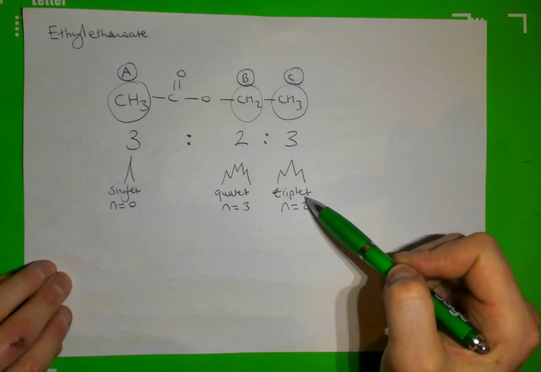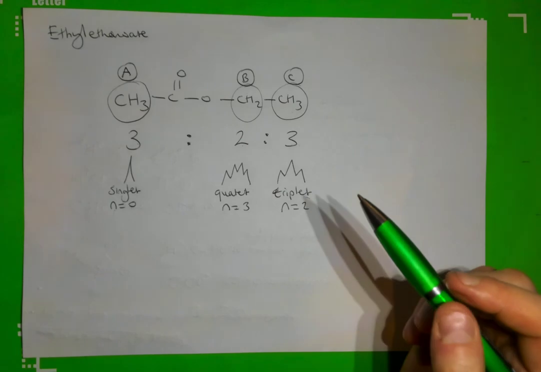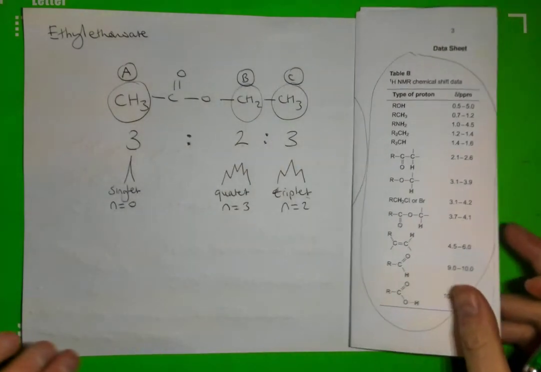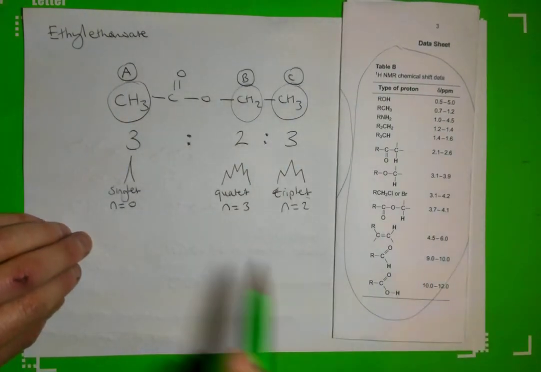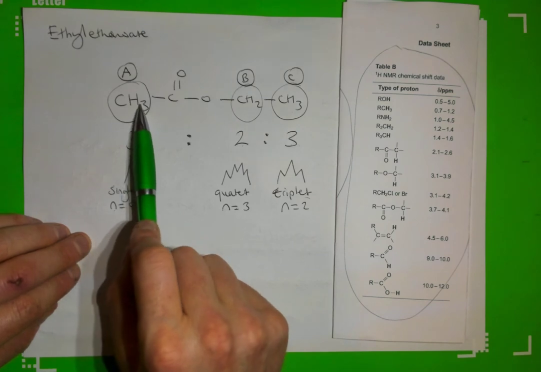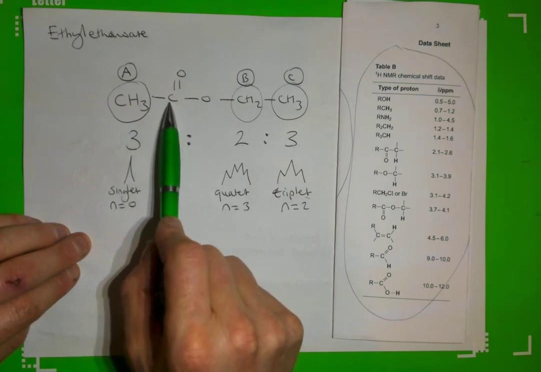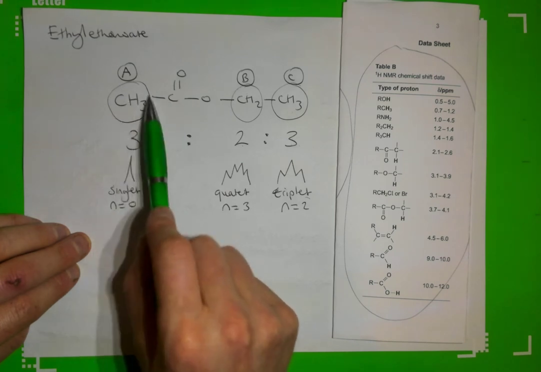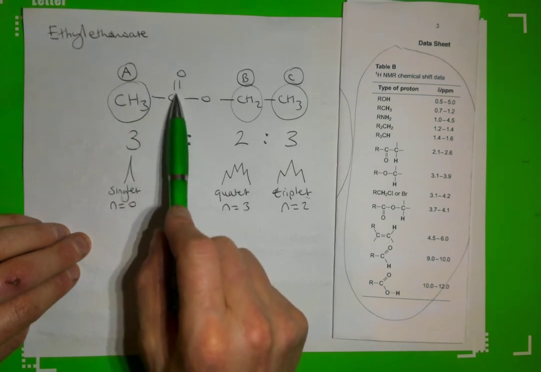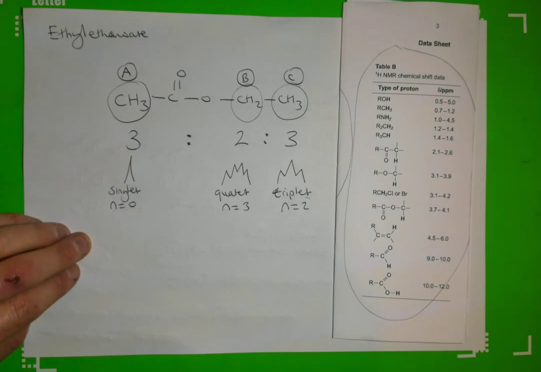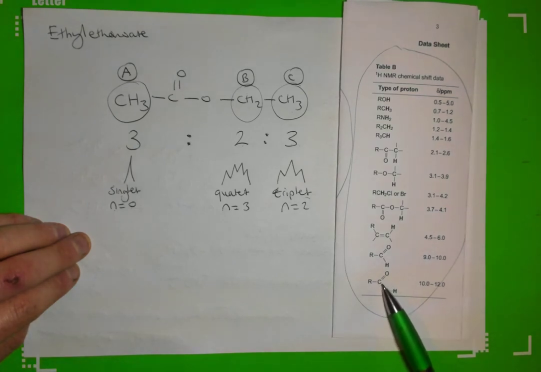Now let's have a look at the chemical shift ranges. So we'll get our data sheet out here. So we've got a CH3 attached to a carbon-carbon. So we're looking for hydrogens attached to a carbon-carbon. So let's find our carbon-carbons. Now there's one there, but it can't be this one because this one has got an O attached to a carbon-carbon.